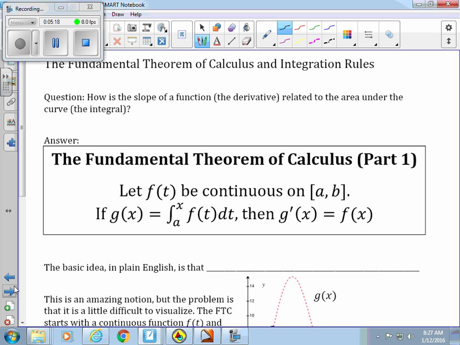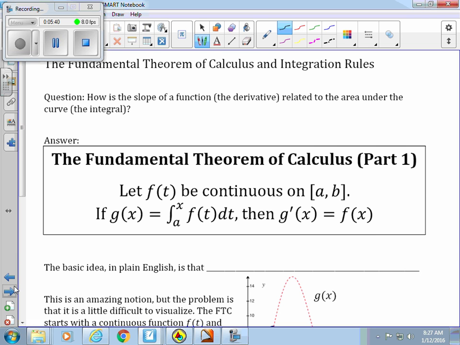However, the important thing is if you have f of t that's a continuous function, and you define g of x to be the integral from some value a to x of f of t dt, then g prime of x is f of x.